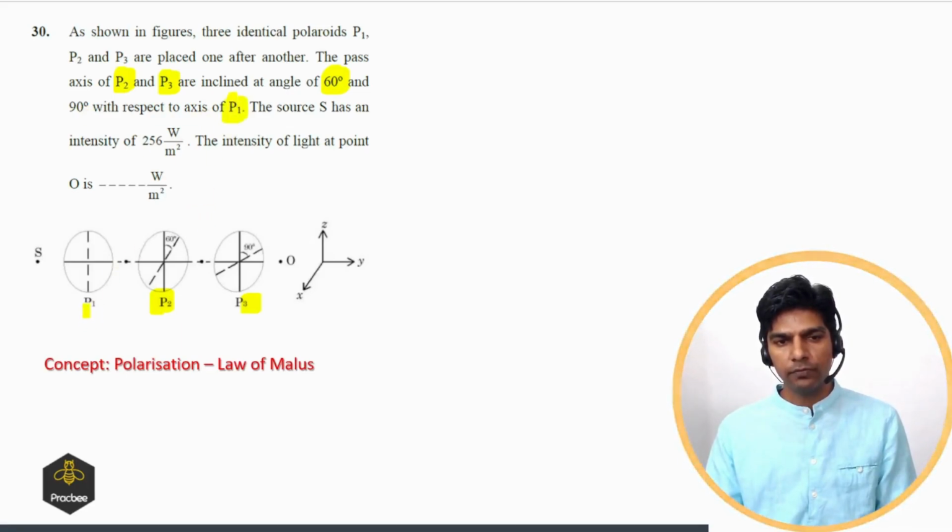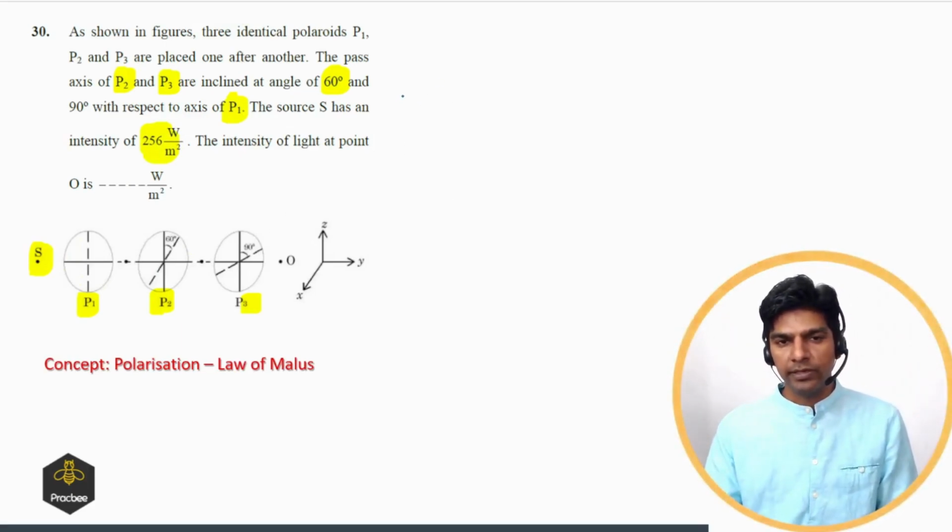So it means P1 and P3 are crossed polarizing sheets, and theta is 60 degrees in this case. The intensity of the light at the point O will be? We have incident unpolarized light. So the source is giving unpolarized light. I'm assuming it is unpolarized, right?